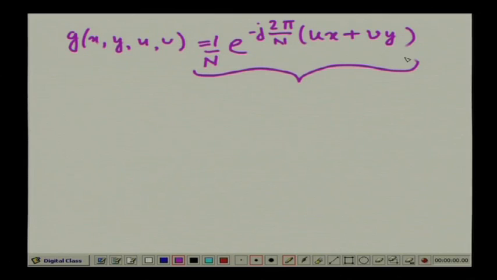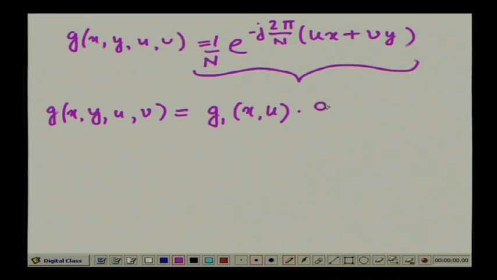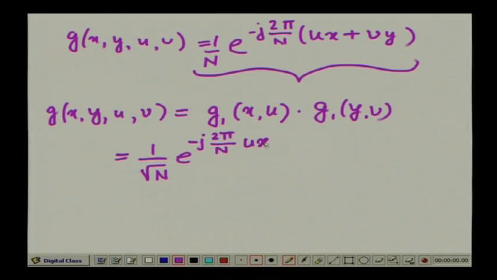Obviously, this transformation is separable as well as symmetric, because I can now write g(x,y,u,v) as g1(x,u) multiplied by g1(y,v), which is nothing but 1 over square root of capital N e to the power minus j 2 pi by capital N ux into 1 over square root of N e to the power minus j 2 pi by capital N vy.